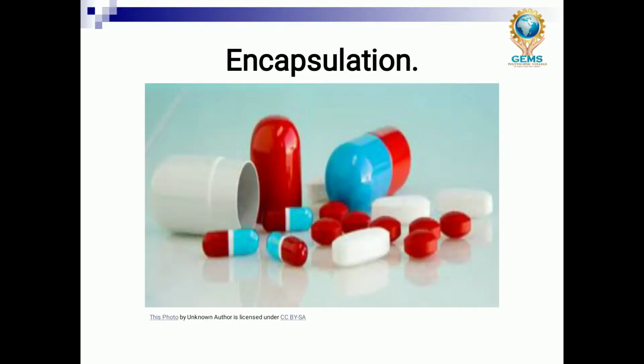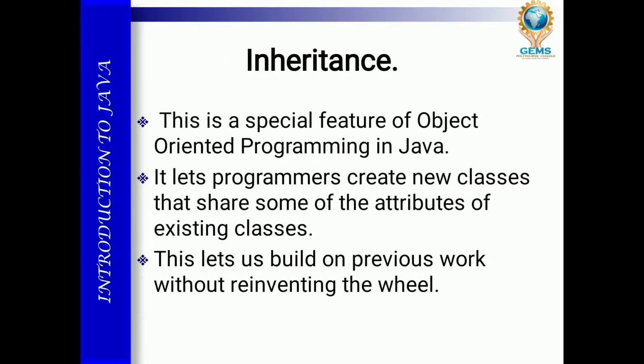Let's take the capsule as an example for understanding encapsulation. Inside of this capsule, many small particles are there. All the particles are protected by the outside cover. In the same manner, encapsulation provides the security for your data. This is called the second feature in object-oriented programming.